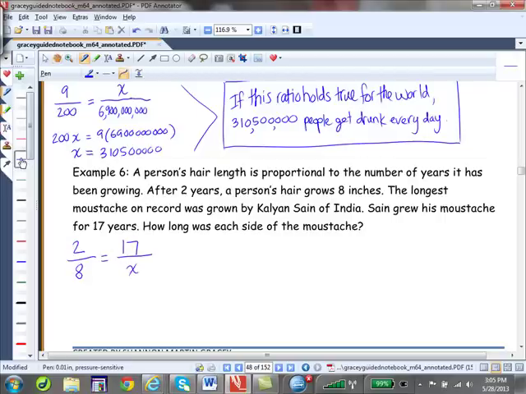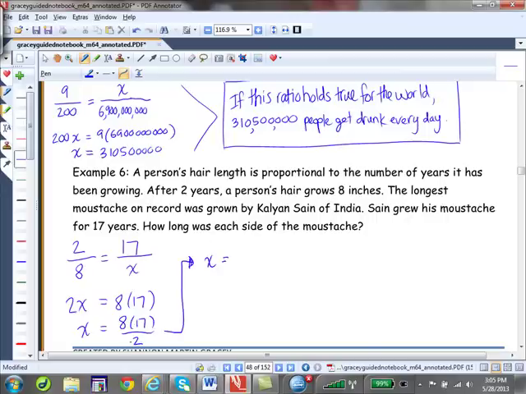So here we go. To solve, we can cross multiply. So do you see we get 2 times x is equal to 8 times 17. So x is equal to 8 times 17 over 2. I just divided both sides by 2. So x is going to be, let's see, 4 times 17 is 68.